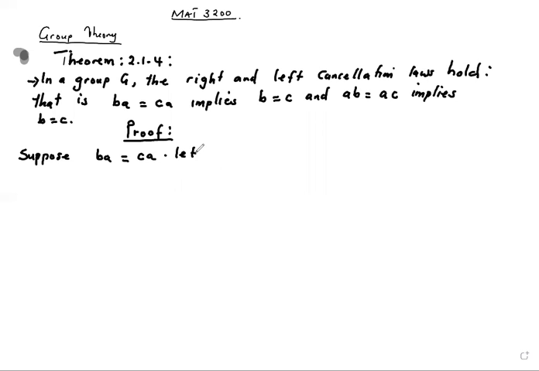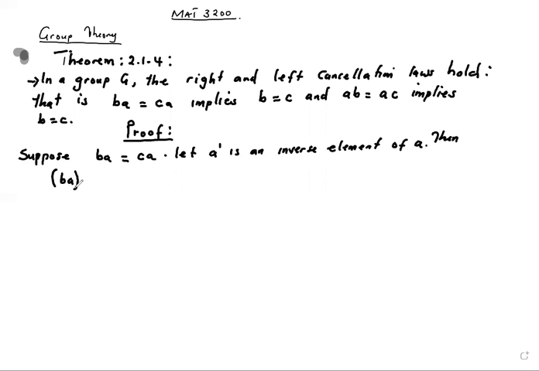Since we said every group has an identity element, suppose that A prime is an inverse element of A. Then multiply on the right.